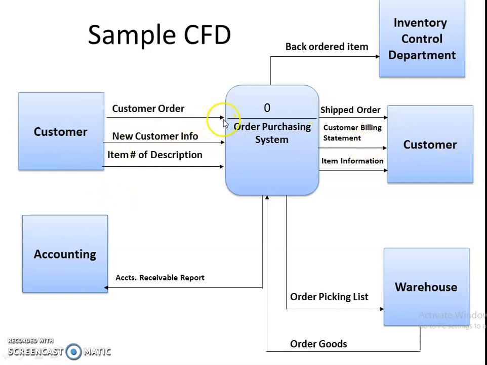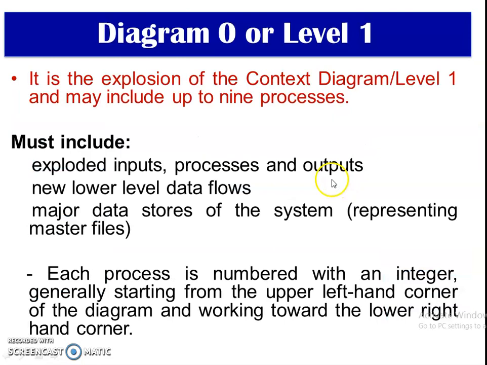All inputs are represented with arrowheads pointing to the system. Then all outputs are represented with data flows with the heads pointing to the external entities receiving the output.